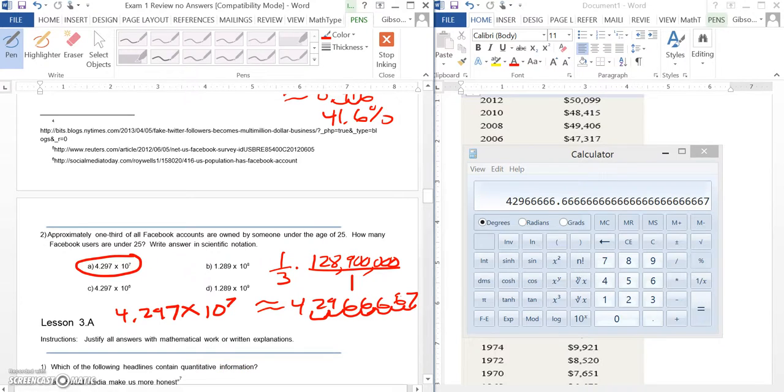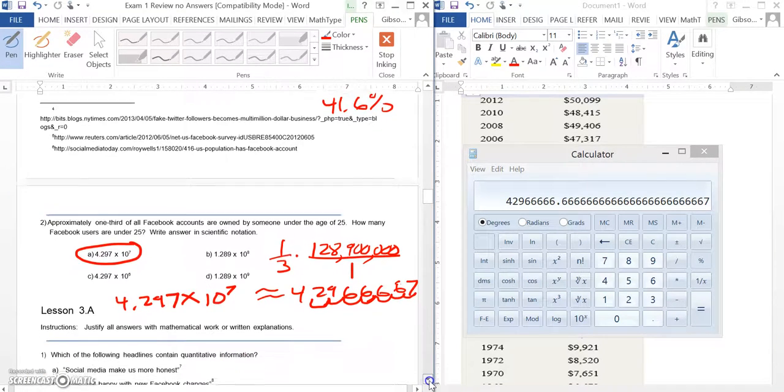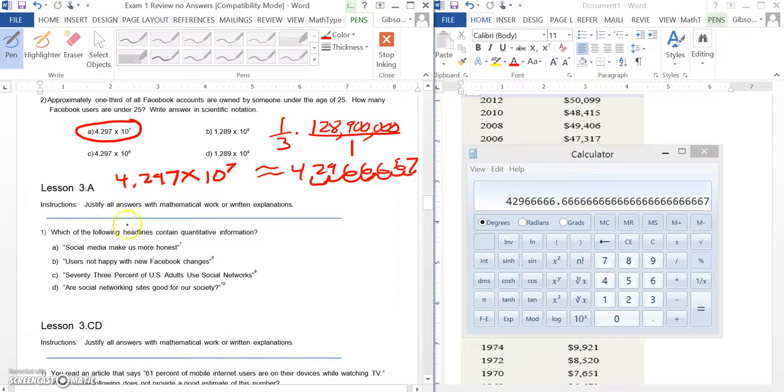Now, we move on down to lesson 3A. It states: justify all answers with mathematical work or written explanations. Which of the following headlines contain quantitative information? Quantitative information typically includes numbers. A says social media make us more honest, and B says users not happy with new Facebook changes.